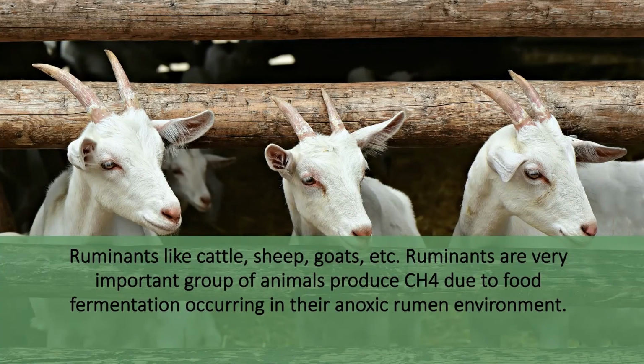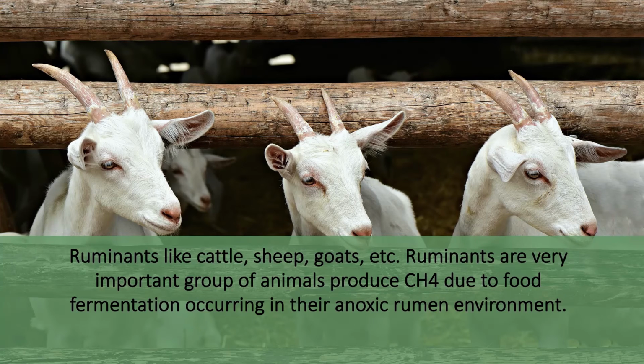As far as the ruminants are concerned, I told you that the cattle, the buffalo, the sheep and goats are basically the ruminants. They are a very important group of animals for livelihood, and for providing food and nutrition security.